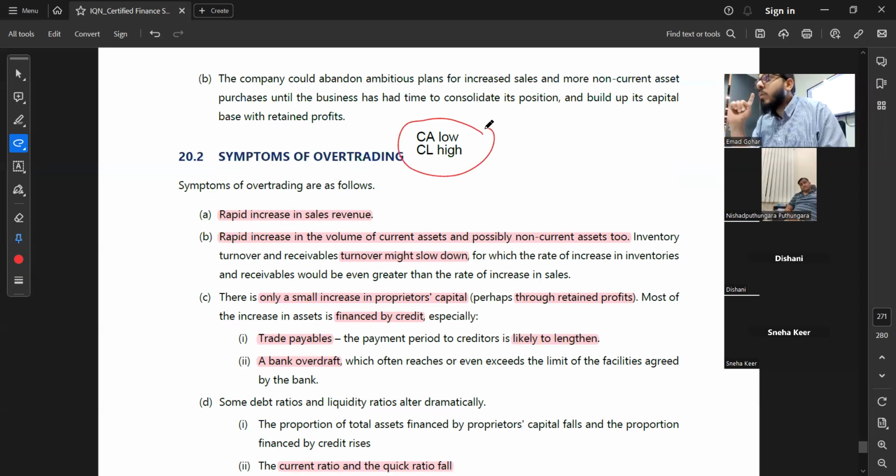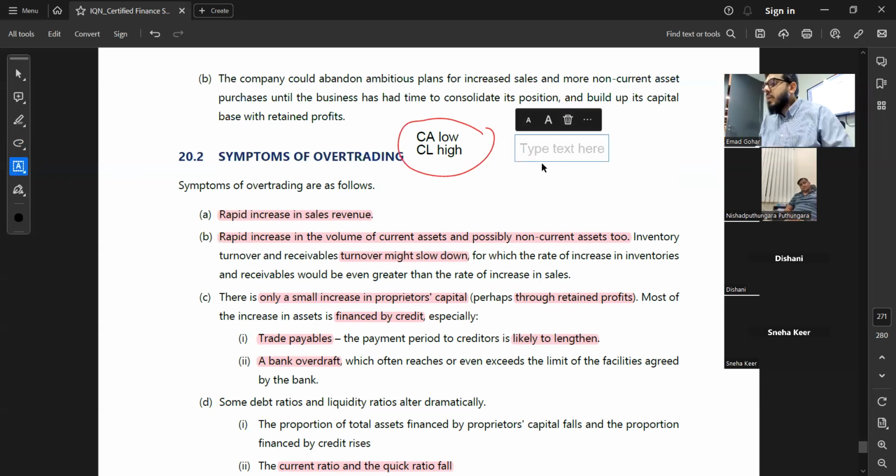Again, remember, over capitalization is not over trading, right or not? So what is over trading? Under capitalization. Because that over thing can confuse you later on.